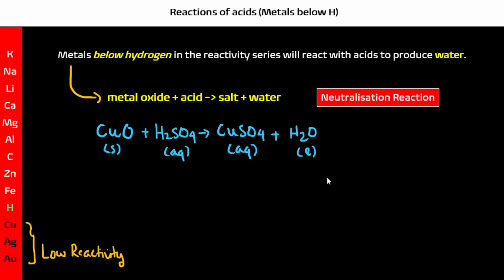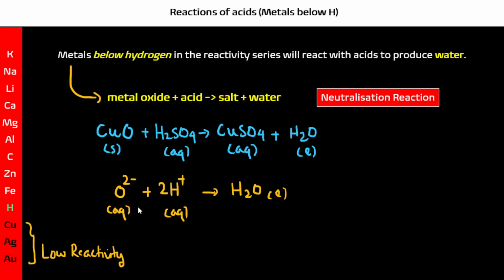Okay, so why is this called a neutralization reaction? It is because the O2 minus from copper-2 oxide will neutralize H plus ions from sulfuric acid in order to form H2O, water. Now, since you have to balance equations, you have to multiply H plus with 2.